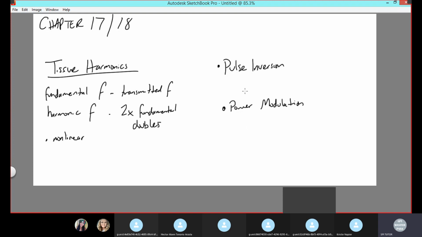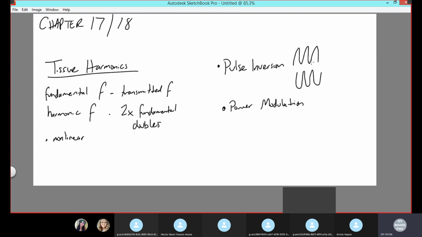Now for pulse inversion, if I'm not mistaken, it sends out 2 waves that are going to experience destructive interference. You notice that these 2 waves are opposites, so they actually cancel each other out. That's the way pulse inversion works. It sends out these 2 waves, they cancel out, and whatever is left over is your harmonic frequency.